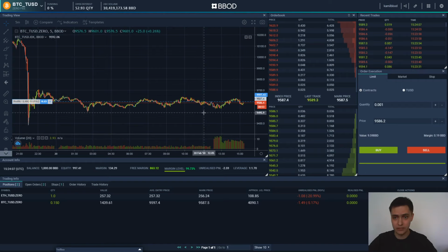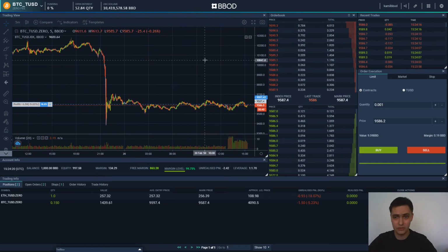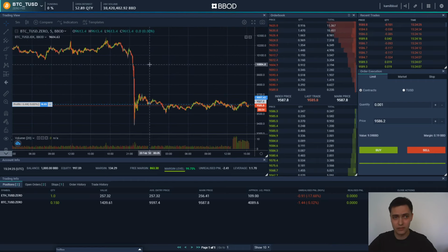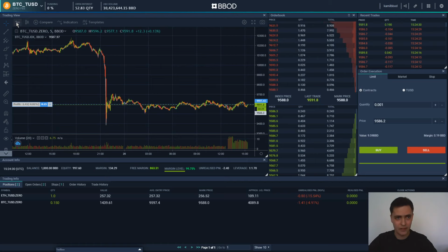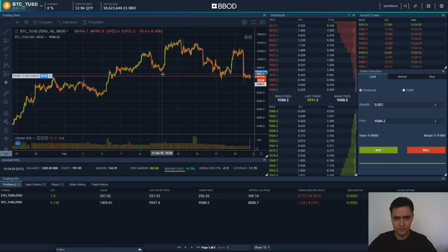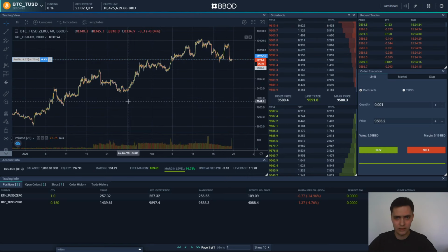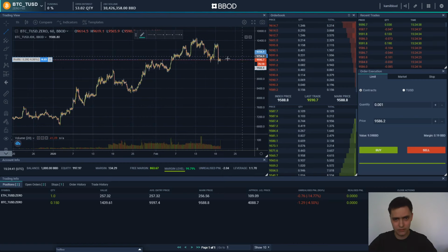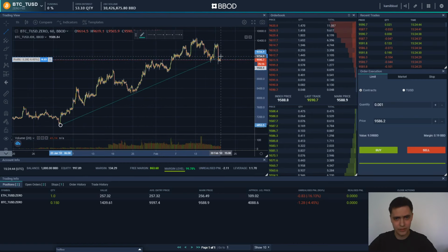So yeah, just breaking through 9.5 is really bearish, and I would short that, and breaking through 9,650 is really bullish, and we may just retrace to maybe 10,000 then, which is a psychological level now for Bitcoin and first resistance. Yeah, so just let me try to draw some trend line in here.